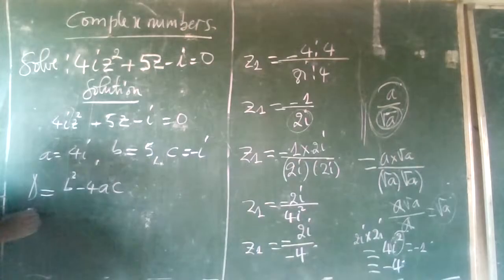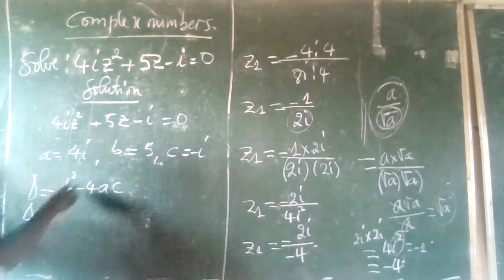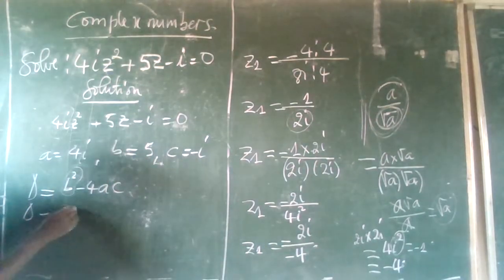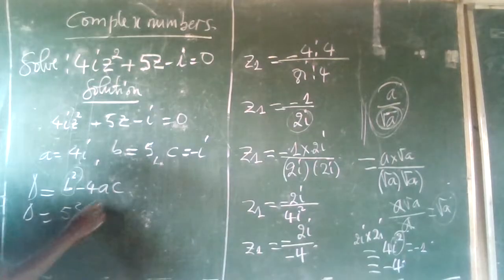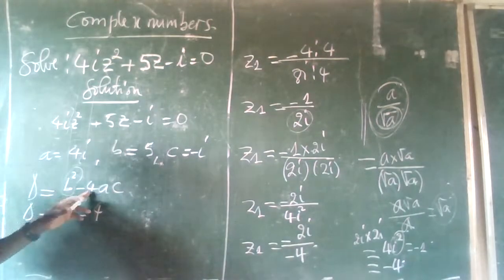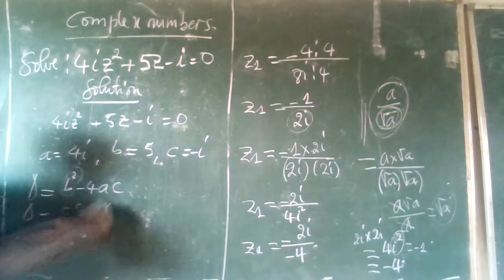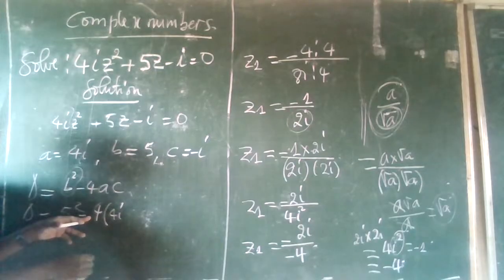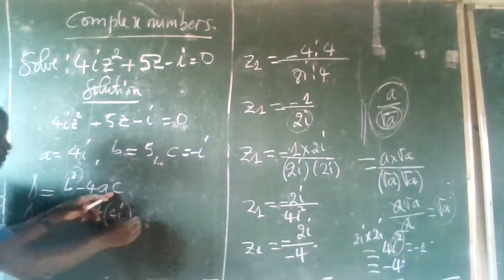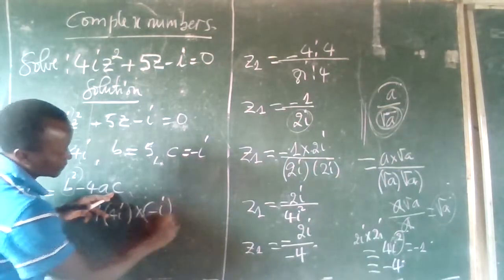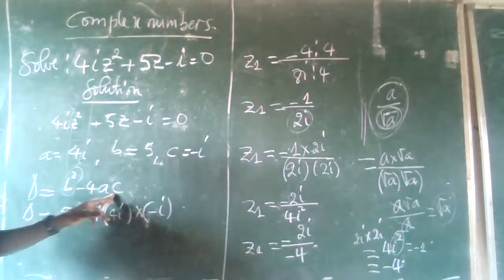Very good. So now the delta will be this b square. This is b, which is equal to 5. It is 5 square minus 4 times a, which is equal to 4i, times also this c, which is equal to minus i, right?